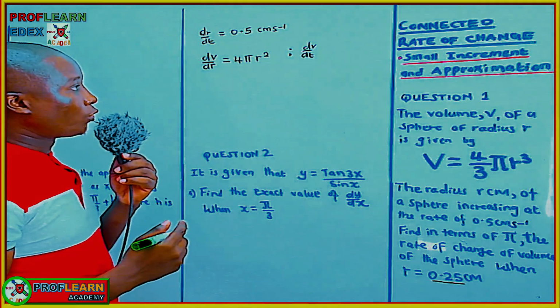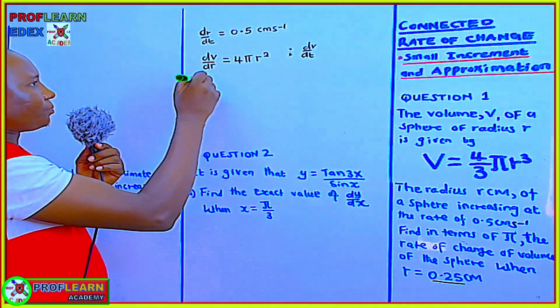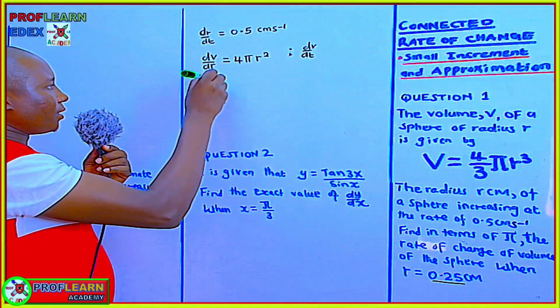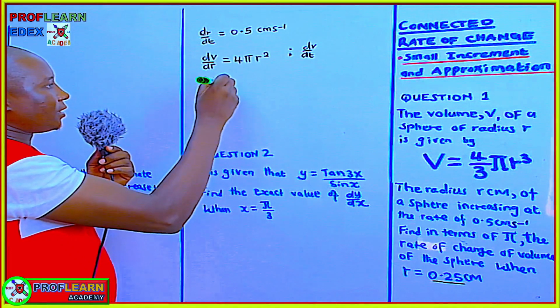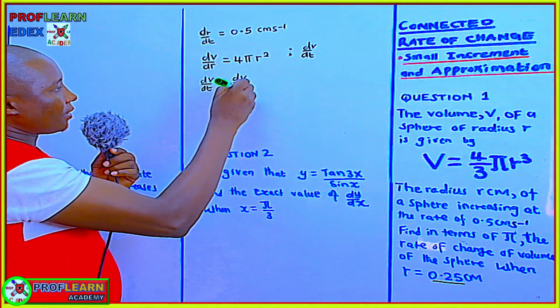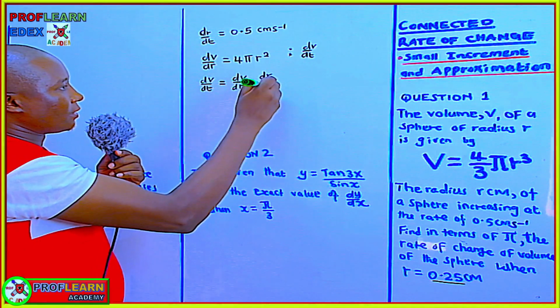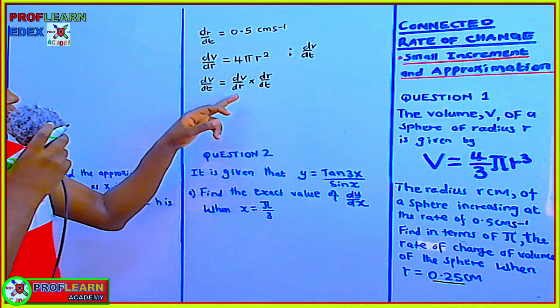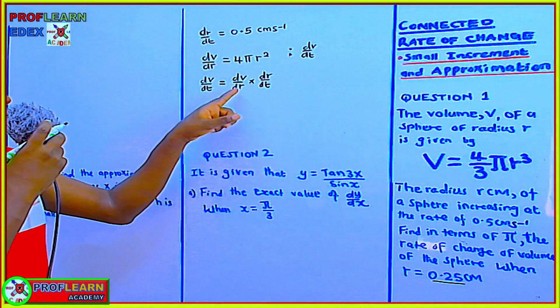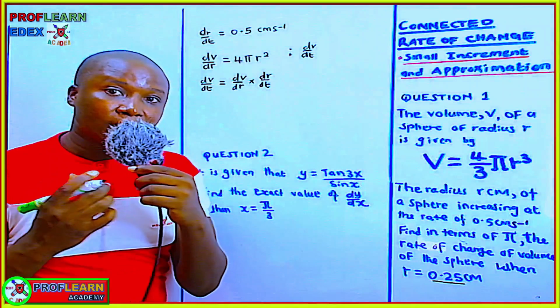Now, to find dv dt, dv dt can be obtained from dv dr times dr dt, because if we cancel the dr, we remain with dv dt.